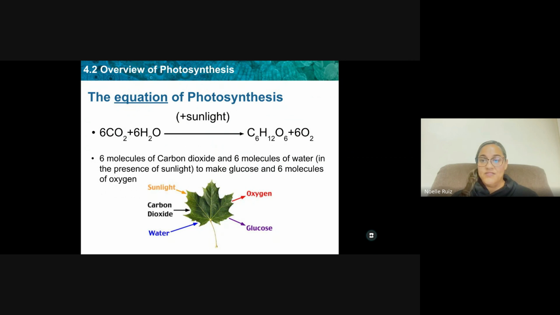So you will eventually have questions on the equation of photosynthesis. And remember, if I ask you to write an equation or a chemical formula, it should always be the numbers, the letters, the symbols, the arrows.